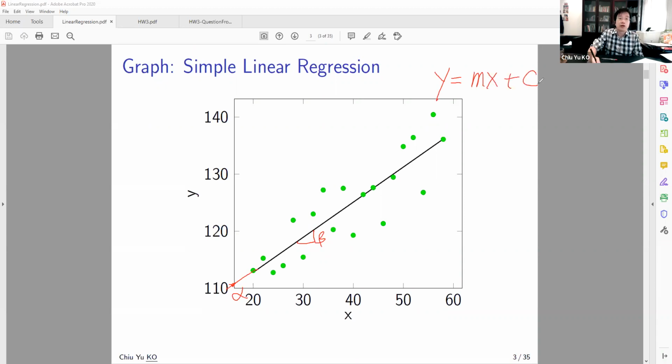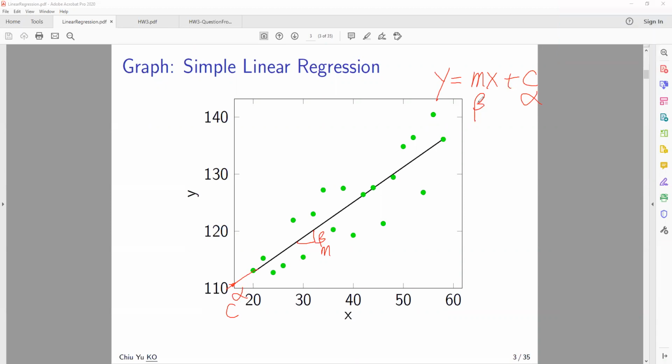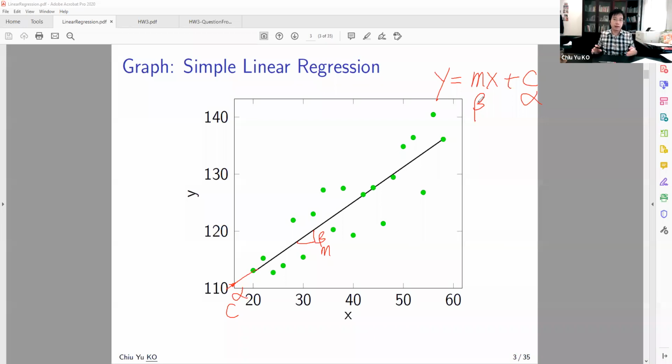So c is the intercept, m is the slope, here alpha is the intercept and beta is the slope. By changing the intercept and slope, you can describe all lines. Just to remind you, this is the slope-intercept form, right?